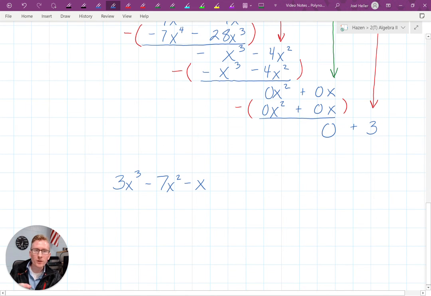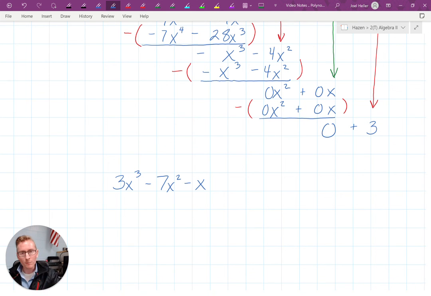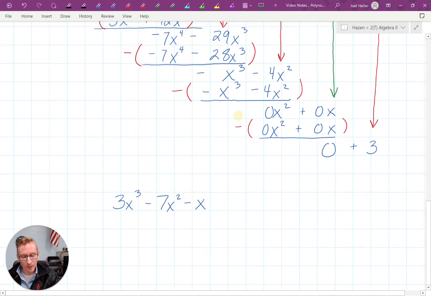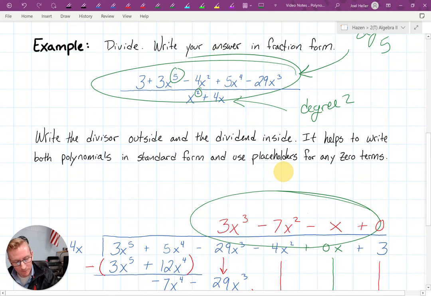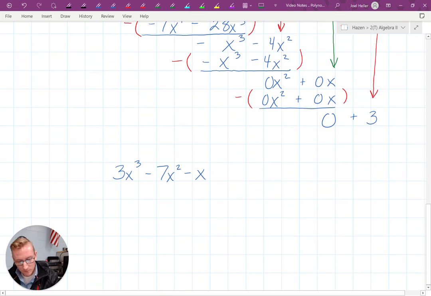And then just like we did with the division algorithm, I'm going to take my remainder and put it over my original denominator. My original denominator being that one right there, the x squared plus 4x. And I'm going to add that on. So I have plus 3 divided by x squared plus 4x.